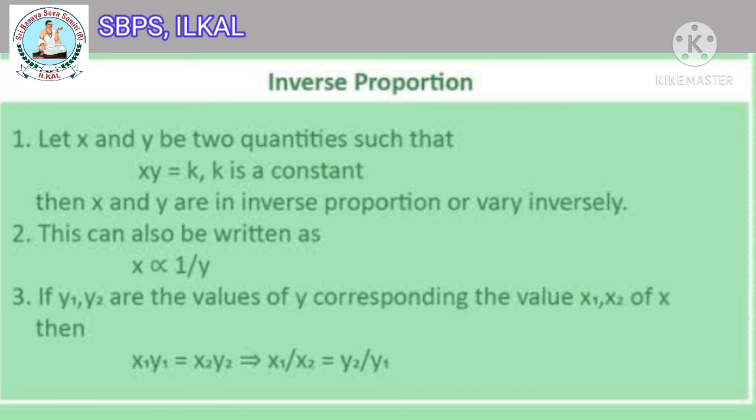Second point, this can also be written as x is proportional to 1 by y, which can be read as x is inversely proportional to y. Third point, if y1, y2 are the values of y corresponding to the values x1, x2 of x, then x1 y1 is equal to x2 y2, which implies x1 by x2 is equal to y2 by y1.